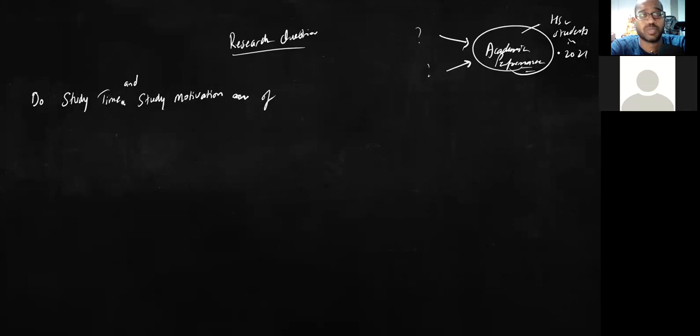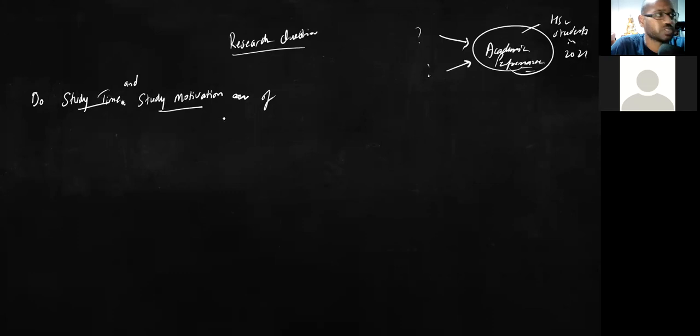So we propose a model based on existing theories, on existing knowledge we have. So we have identified, let us say, two different predictors, two different independent variables, and those are study time and study motivation. I hope so far so good.